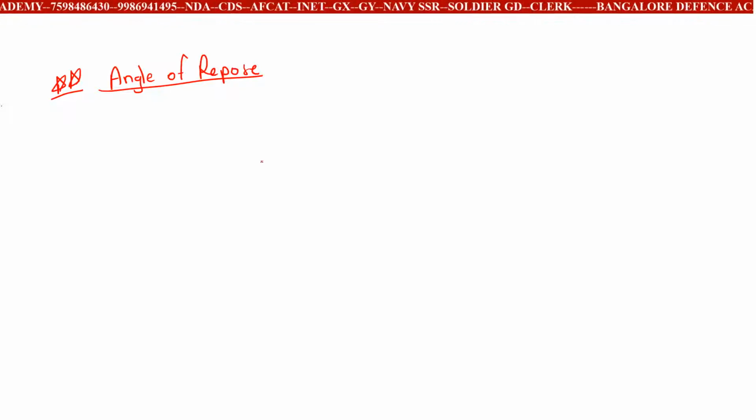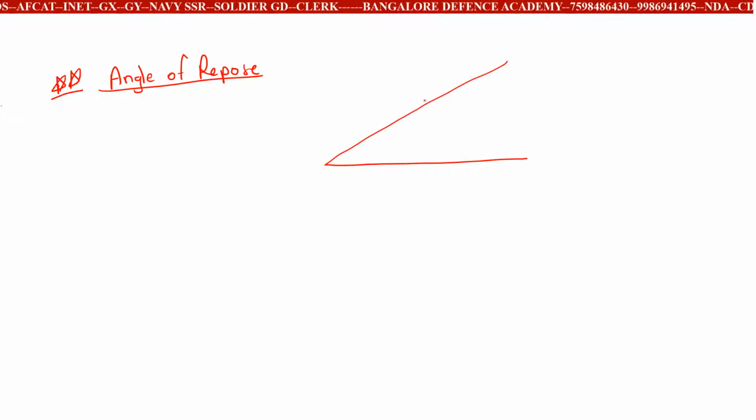So before that, let us try to draw one diagram. You can draw this diagram in your notebook and try to understand the basic concepts here. Imagine this is the mass and this is an inclined plane with an angle alpha.